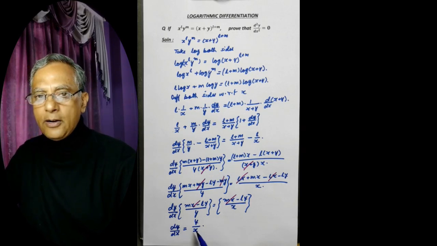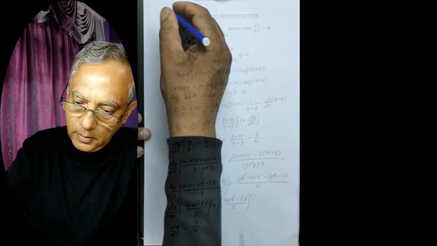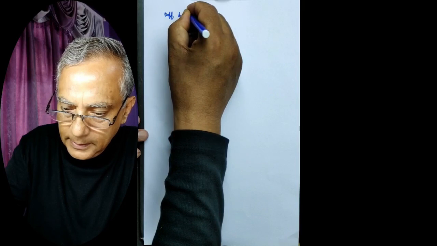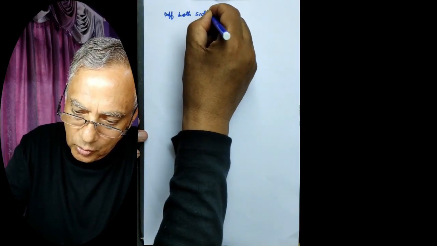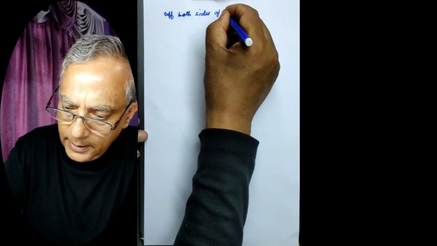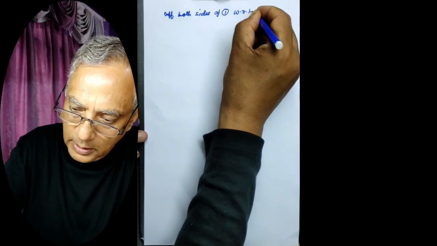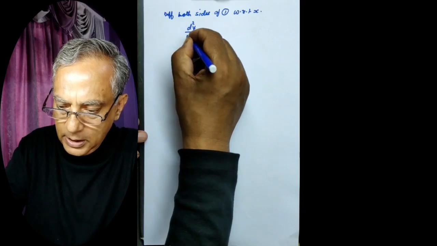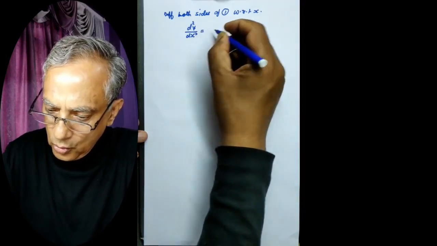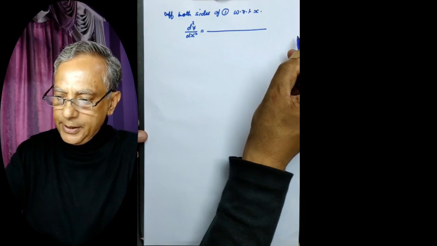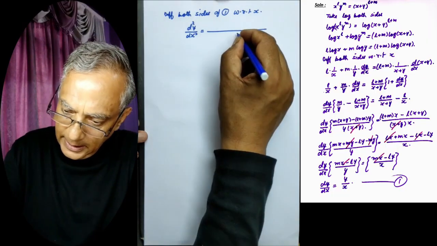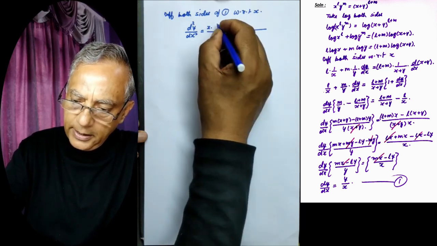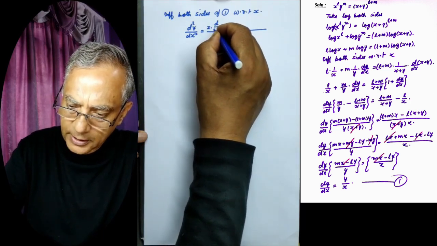Now we find the second order derivative. Differentiating both sides of 1 with respect to x. What we get is d2y by dx square is equal to, you can see the side sheet, denominator into differentiation of numerator minus numerator into differentiation of denominator, over denominator square.